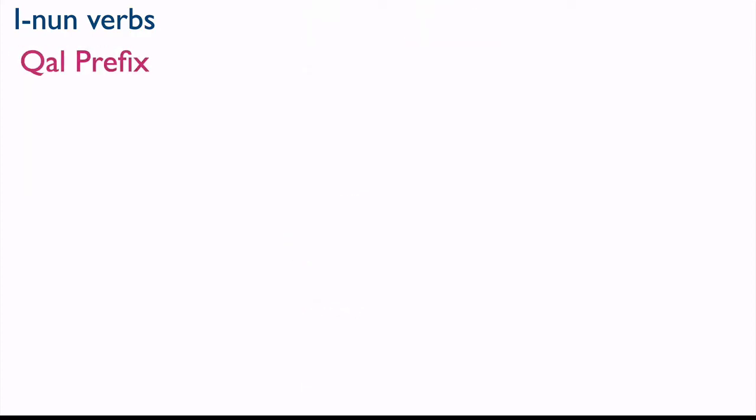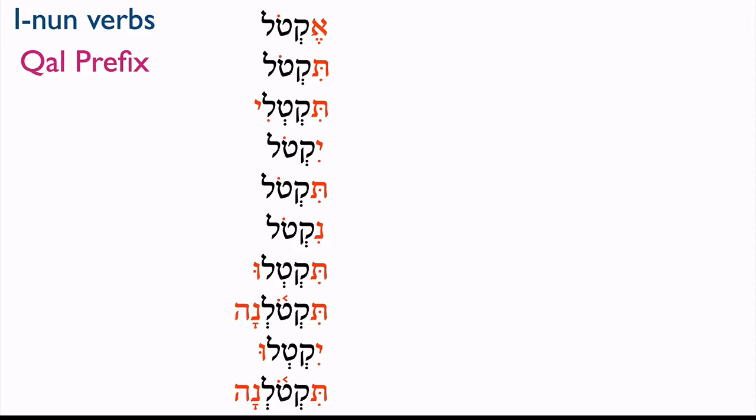But when we come to the prefix, where we're adding something to the front of the verb, now the fact that the first of the three radicals is a nun is going to make a difference. So let's look at this most commonly used form, namely the third person masculine singular, the he will kill form.